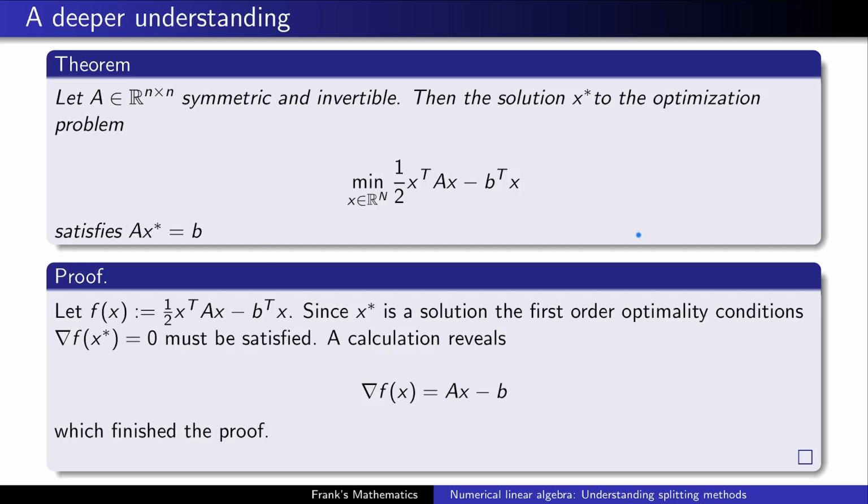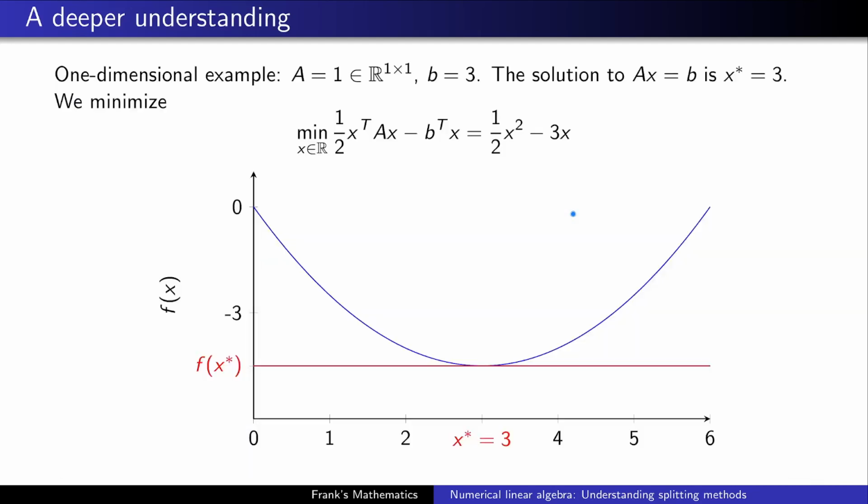So throughout the next slides, keep in mind that our system can be formulated as an optimization problem, or to be more precise, as the first order optimality conditions for the minimization problem. If you think about how to find solutions of optimality conditions, you usually search for points which satisfy the first order optimality conditions.